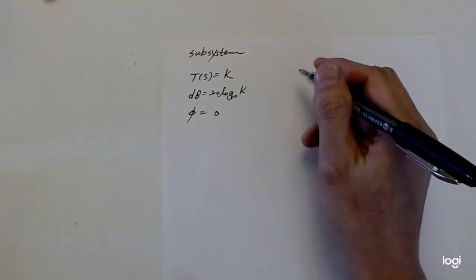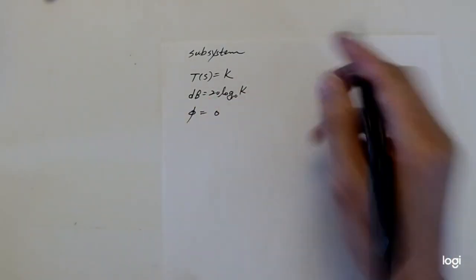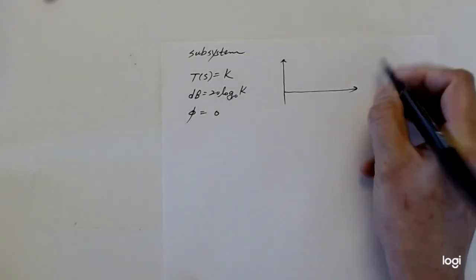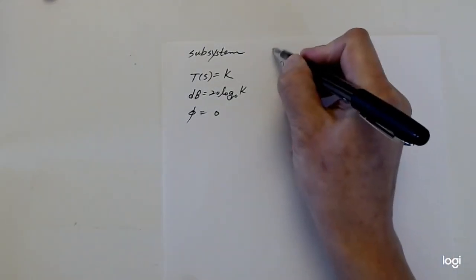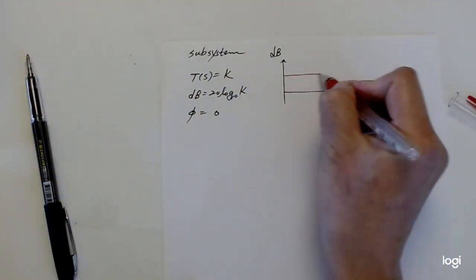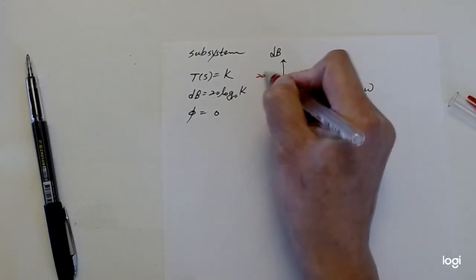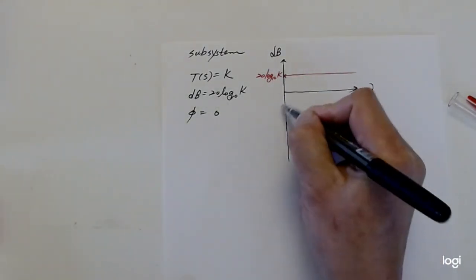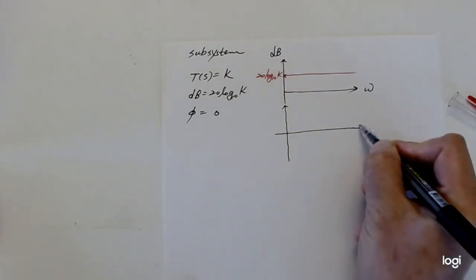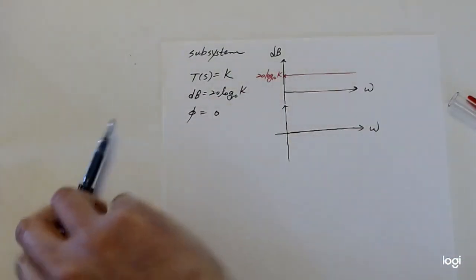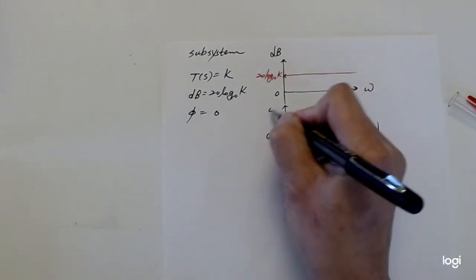So in omega, frequency, and this is in dB, this point would be 20 log k in dB. Phase angle wise, it's always 0.